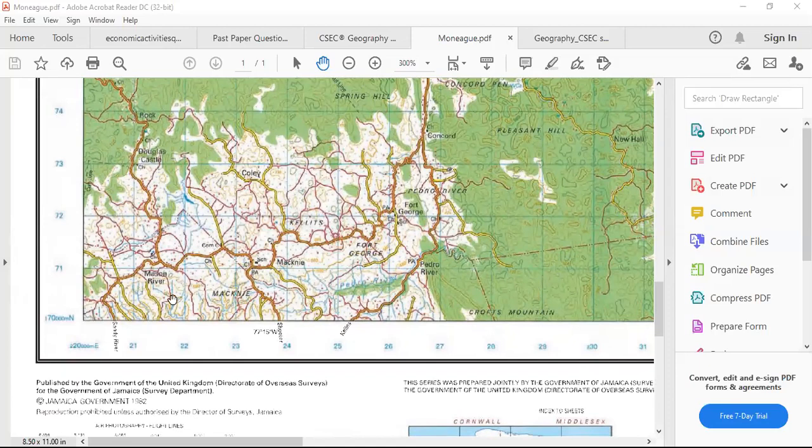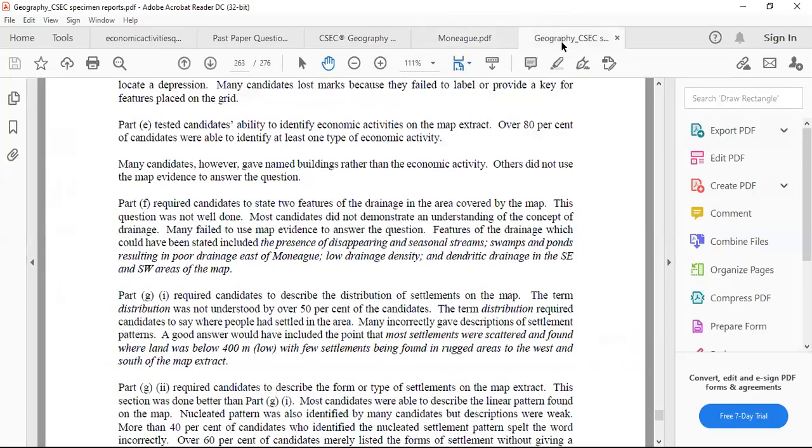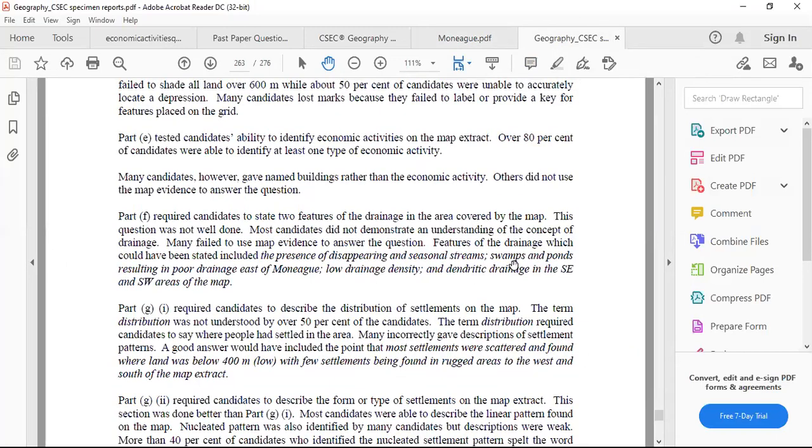It looks dendritic below here, right? Direction of flow as well. Very good, who said dendritic? So you see here, they said the presence of disappearing and seasonal streams, swamps, and ponds, resulting in poor drainage east of Moneague.